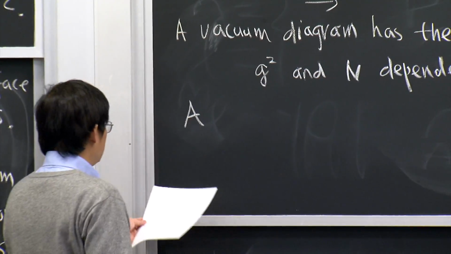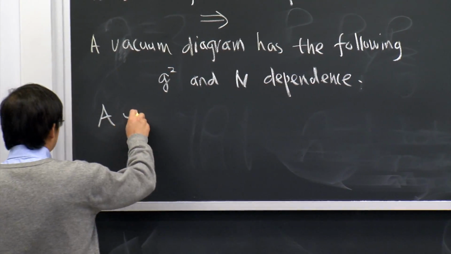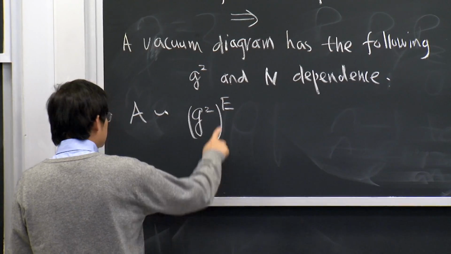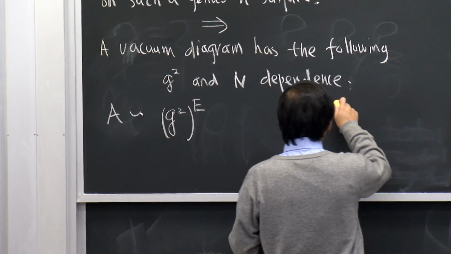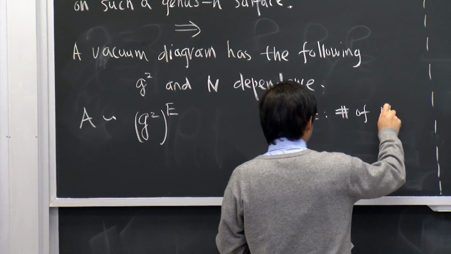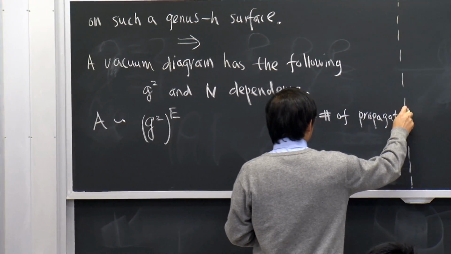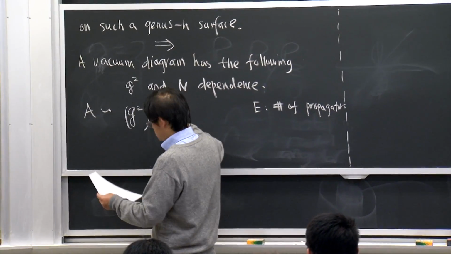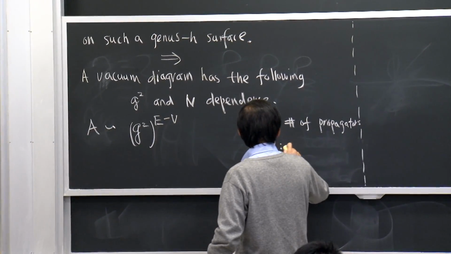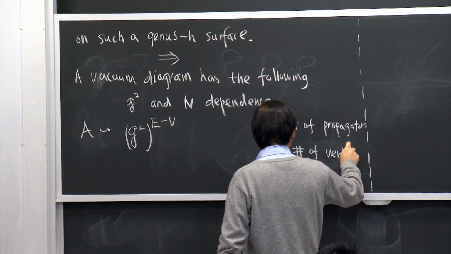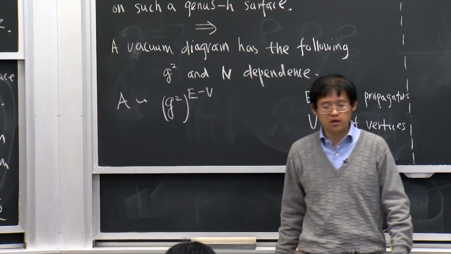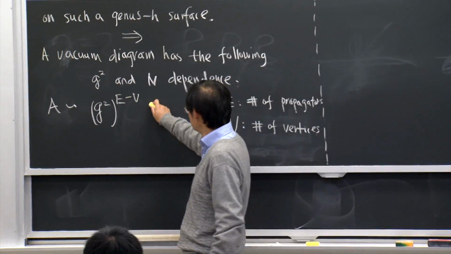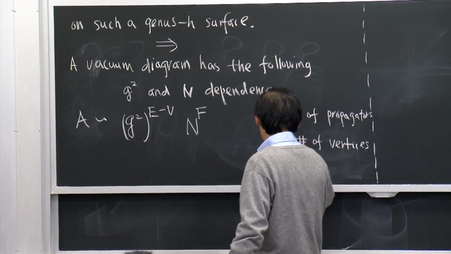Let me call its amplitude A. Then A should be proportional to g squared to the power E, where E is the number of propagators, because each propagator gives you a factor of g squared. And V denotes the number of vertices, and each vertex gives you 1 over g squared, so that should give you E minus V. And then we multiply by n to the power F, where F is the number of faces.